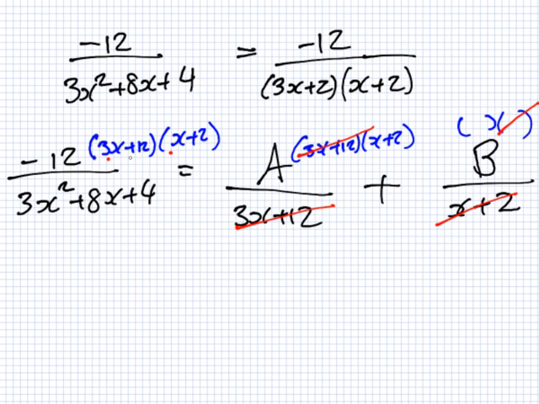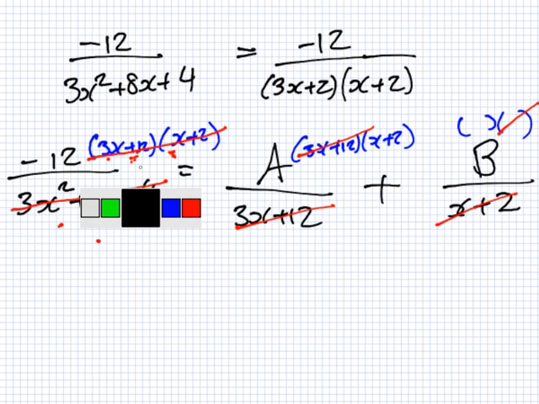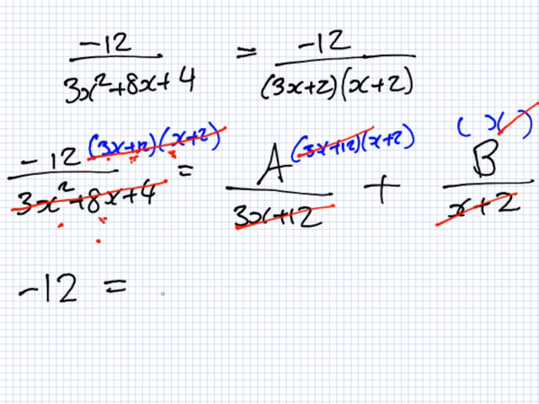Because these two are the factors of this quadratic, when you multiply them together, what do you get? The same quadratic. So in fact, both of these cancel this. So you end up with a much simpler problem. Minus 12 equals a times x plus 2 plus b times 3x plus 2.